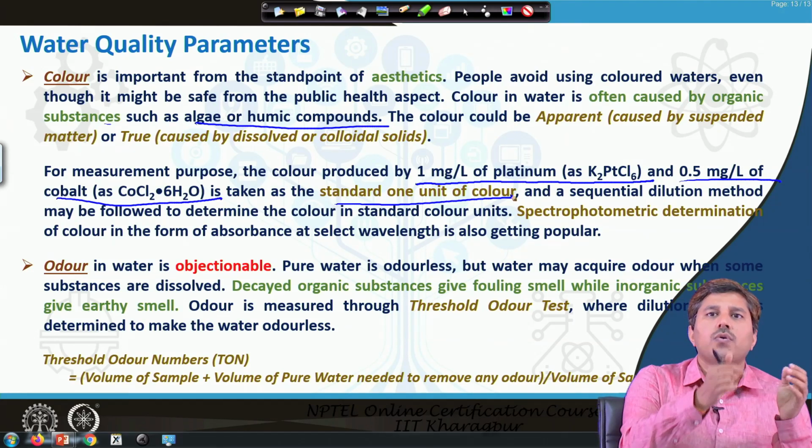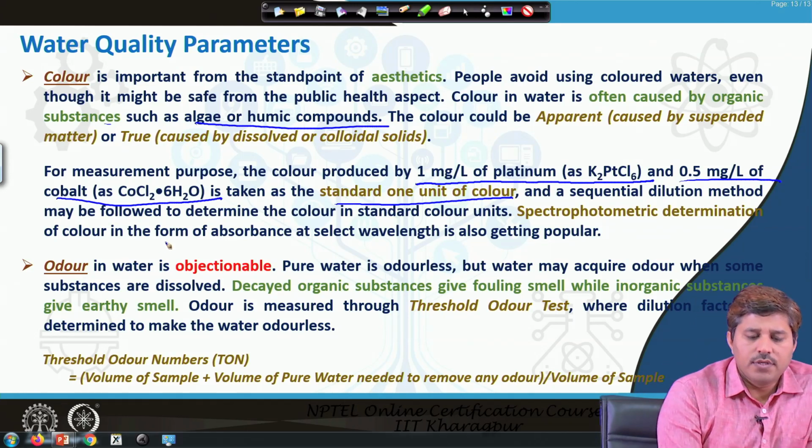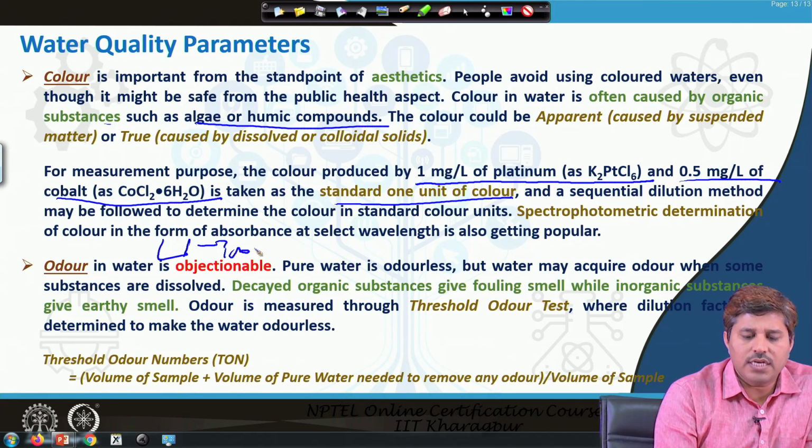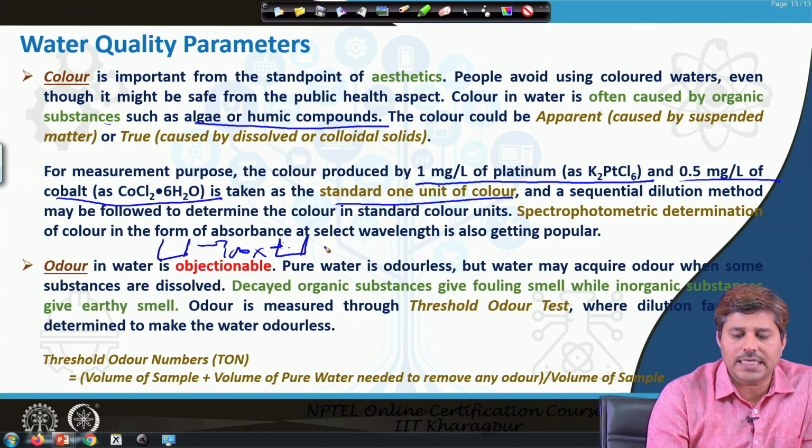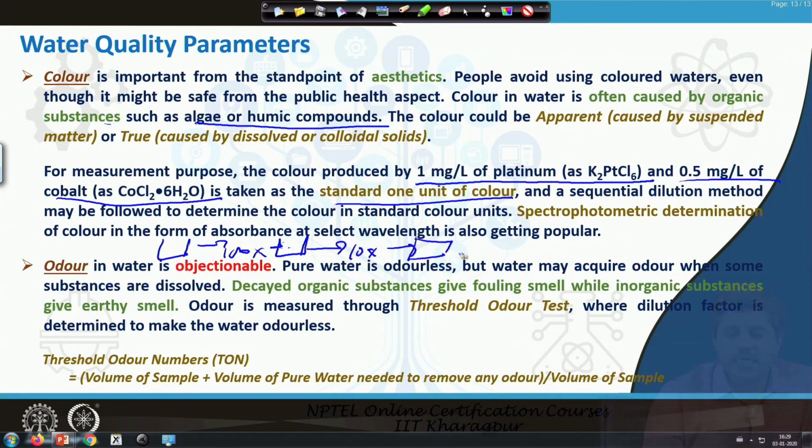And then through sequential dilution, if we have a colored water and we want to measure the color in that, let us say this is our sample, so we dilute this sample say 100 times. So, we have a 100x dilution and then match its color with the standard unit, we see still darker, we again dilute it 10 times, then we match, we see still darker, we again dilute it say 5 times, we see that it is now getting close, but it is still far off.